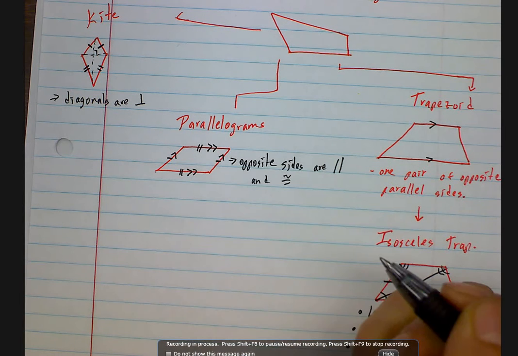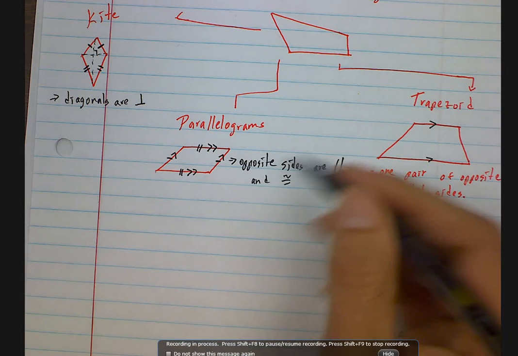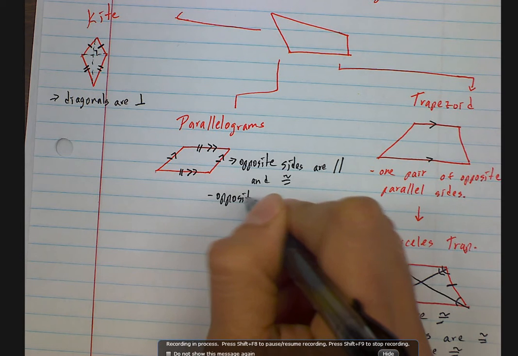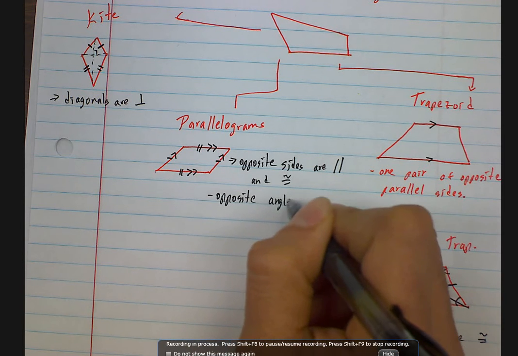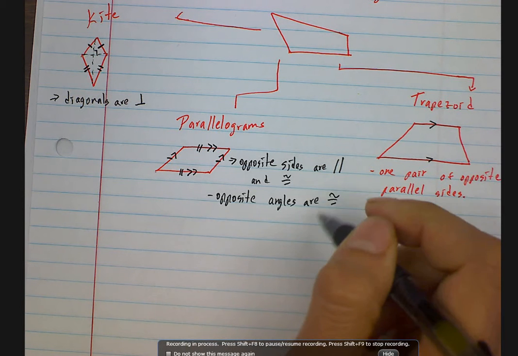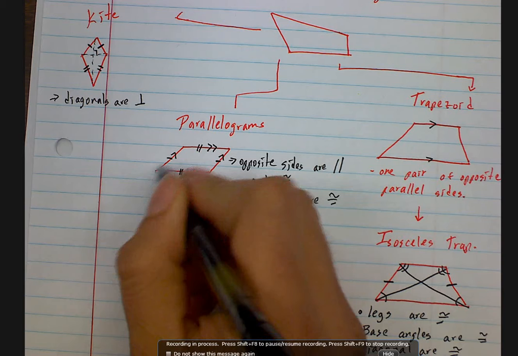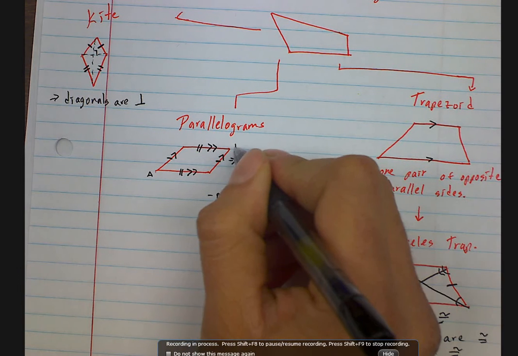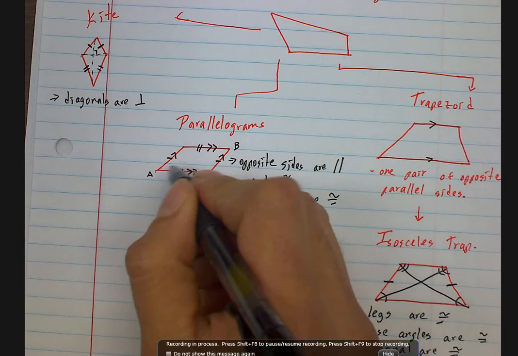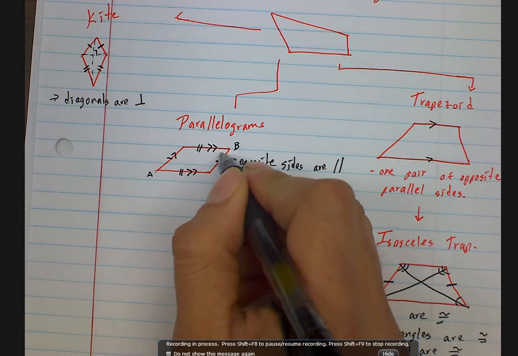Now you also know that opposite angles are congruent. That means angle A is congruent to angle B, because opposite angles are congruent. They're both acute, so they're going to be congruent.